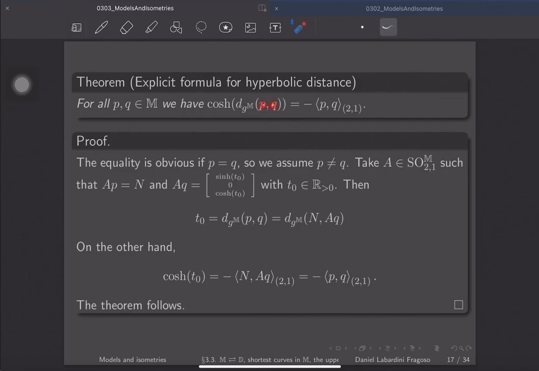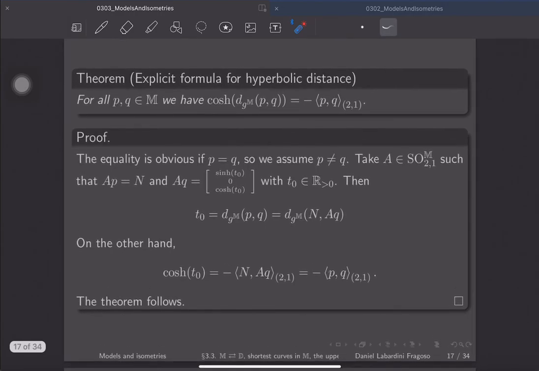It computes it just in terms of the Minkowski form, and it tells you that the hyperbolic cosine of the distance is equal, up to a sign, to the Minkowski form of the two points. So this distance is really the hyperbolic arc cosine of this one, and this is just the Minkowski form of the two points. I would say it's really spectacular.